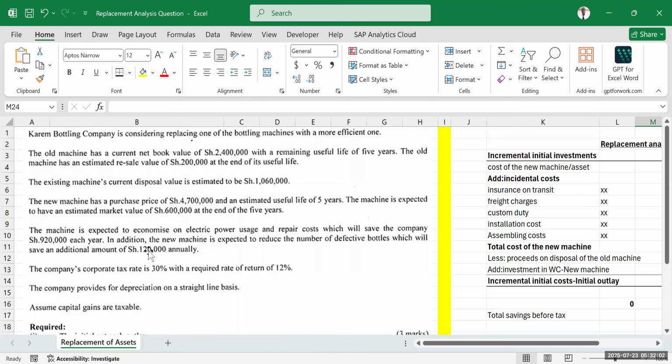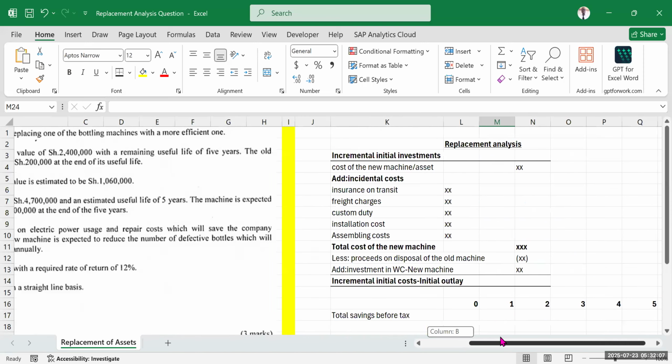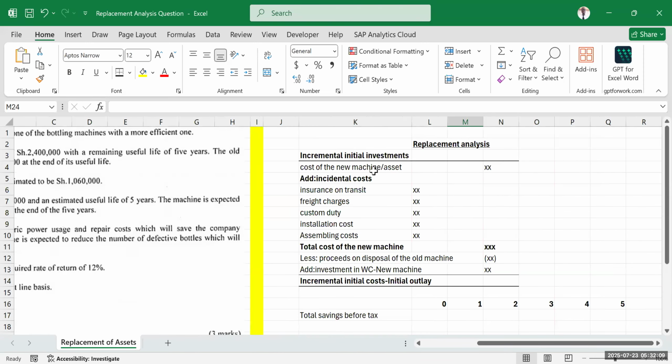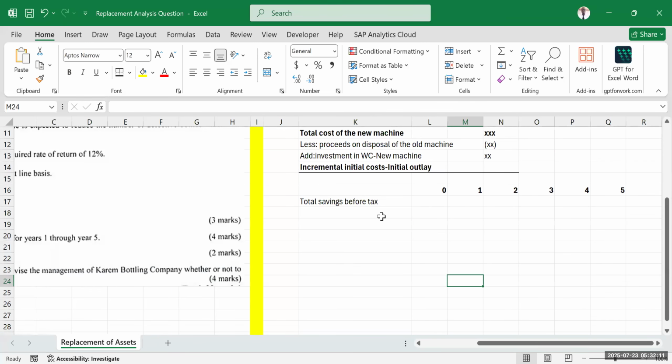They did not mention anything on tax. So we know we cannot forget that tax is a crucial element when you talk about cash flows. So as much as it will be saving our costs, all this saving is before the effect of taxation.